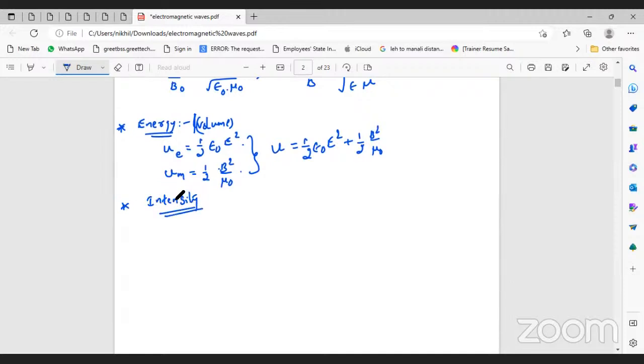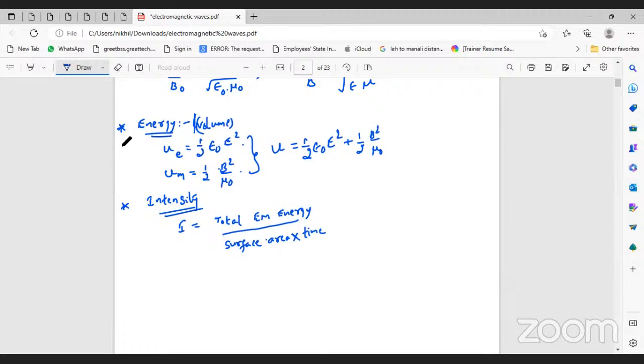In the case of intensity, please remember, the intensity of the electromagnetic wave is defined as the total electromagnetic energy divided by surface area into time.